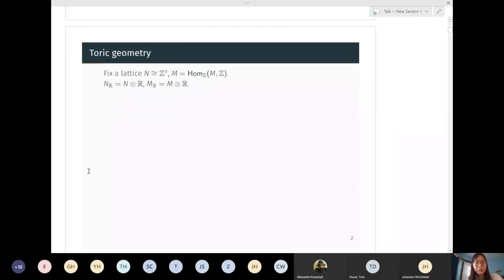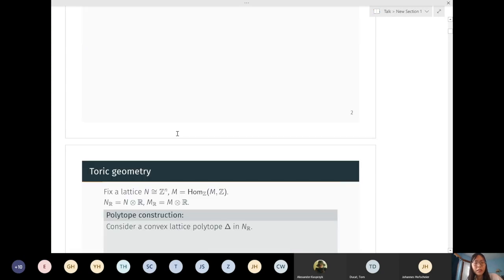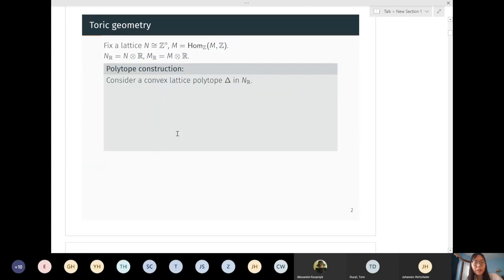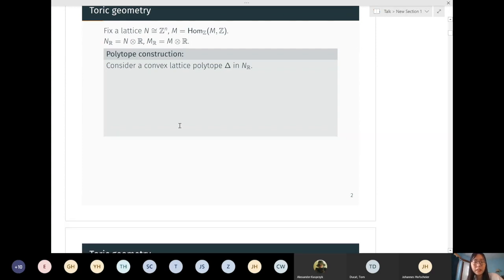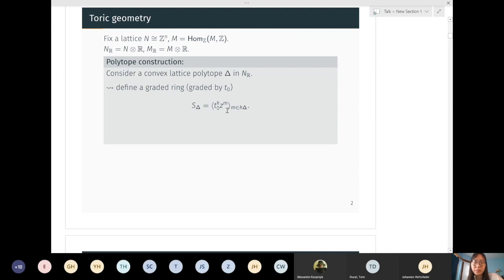So let's just get started. We'll start by recalling some notions in toric geometry, where we have a lattice and a dual lattice, N_R and M_R, which are basically R^n and R^n. Let us recall how we define a projective toric variety from a polytope. We start with a lattice polytope in the lattice N_R, and define a graded ring graded by t.